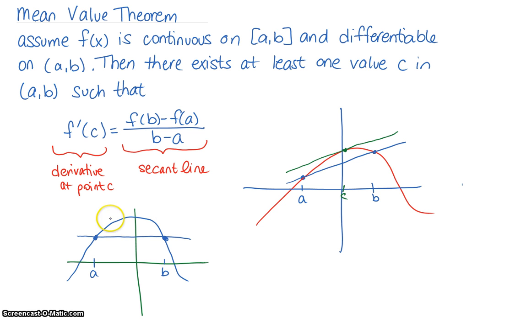And therefore there exists some point C where it has the same slope. So Rolle's theorem is a special case of the mean value theorem that just looks at it when you have two equivalent y values for the A and B starting points.